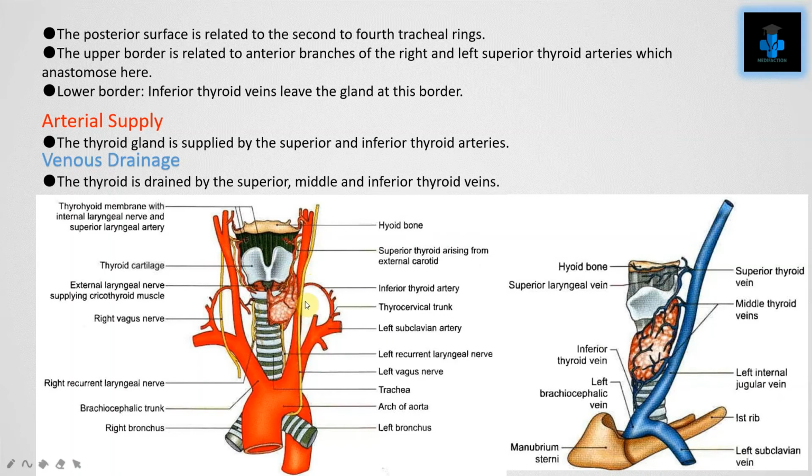Venous drainage. The thyroid is drained by the superior, middle and inferior thyroid veins. This one right here is the superior thyroid vein. Here you can appreciate the middle thyroid veins, and also the inferior thyroid vein can be appreciated right here.